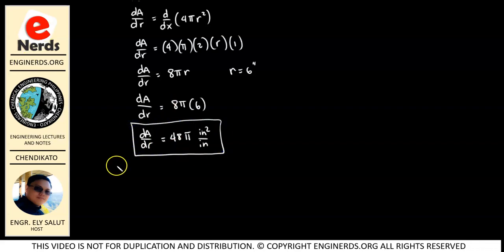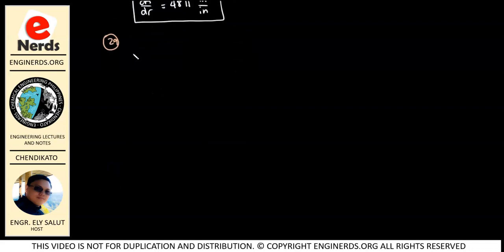So, now let's go to problem number 29. Okay, so ano ngayon ang sinasabi sa atin dito sa problem number 29? Find the rate at which the volume of a right circular cylinder of a constant altitude 10 feet changes with respect to its diameter when the radius is 5 feet. So, we have right circular cylinder here, no? So, ito yung ating right circular cylinder. Okay?